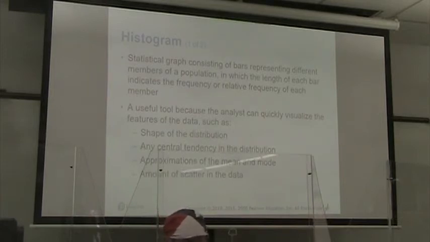All right, so a histogram is a statistical graph consisting of bars representing different members of a population in which the length of each bar indicates the frequency or relative frequency of each member. Okay, great.